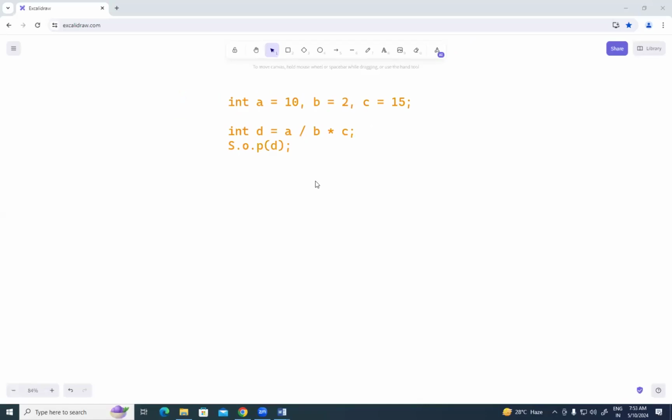Guys, that is called operator precedence. Now, look at this, folks.